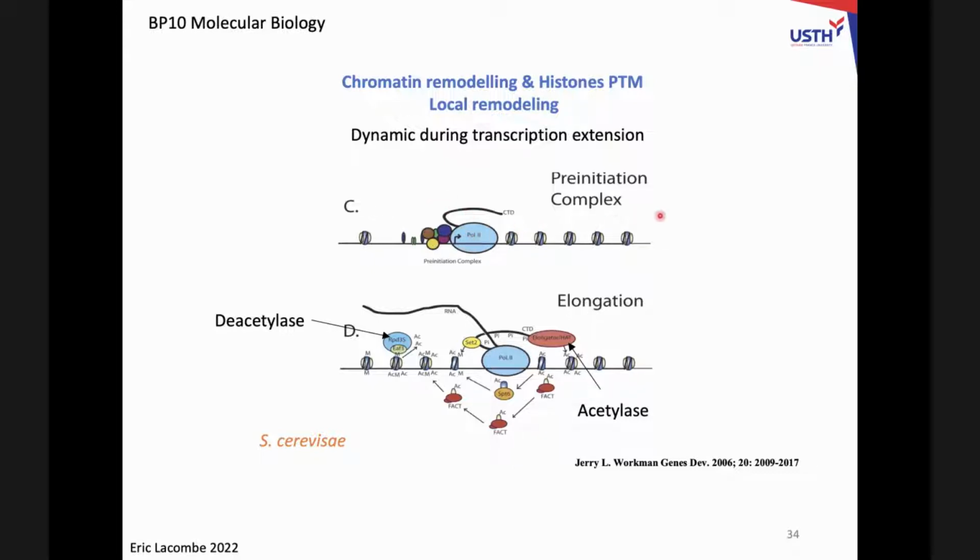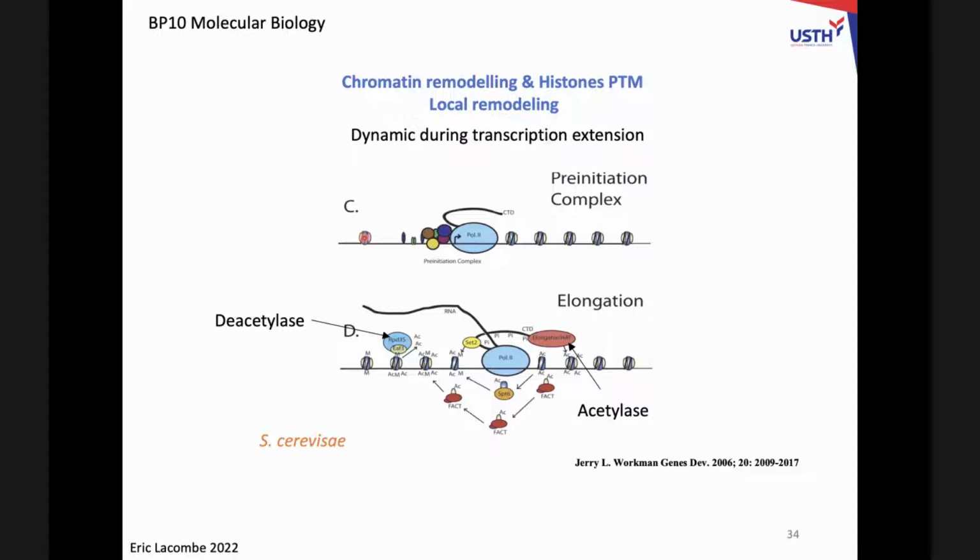So, initial state: everything is ready to start transcription, but we have a problem. What needs to be transcribed here on the right is still in a compact chromatin state. So even if everything is ready, the polymerase won't be able to read because it's completely blocked.